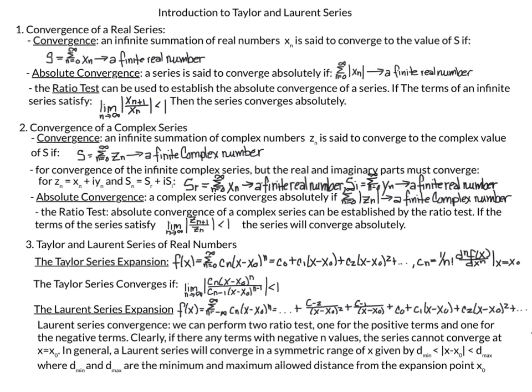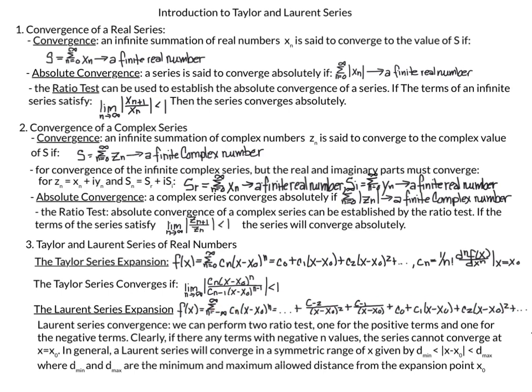Finally, we'll start talking about Taylor and Laurent series. We'll review the Taylor series expansion given by this formula here with the c_n, where c_n is given by this formula here. And we have this ratio test to see if the Taylor series converges. And we'll introduce the Laurent series expansion with this formula here.